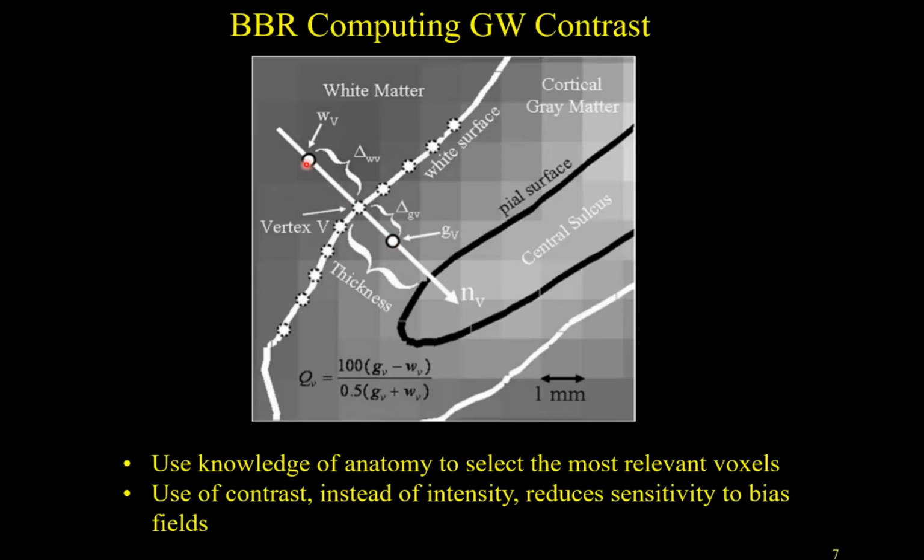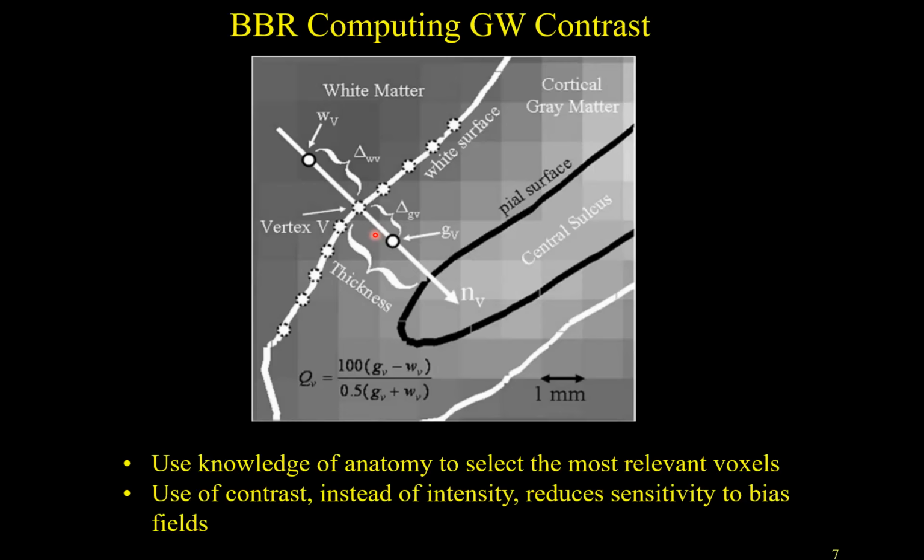And we're going to project back into white matter to compute the value there. So I have that as WV and GV. And then we're just going to compute a contrast, which is gray matter minus white matter divided by gray matter plus white matter, essentially. This is a percent contrast at that particular location. And one of the nice things about using the contrast here is that it's almost completely immune to bias fields.